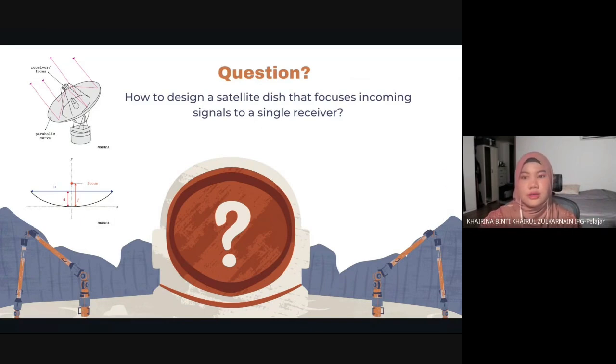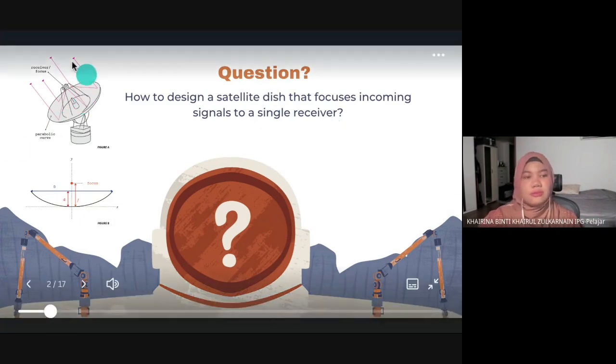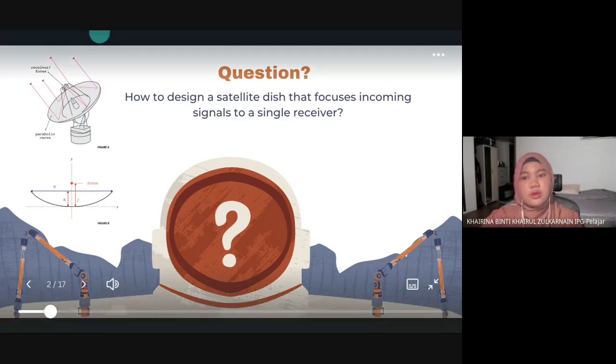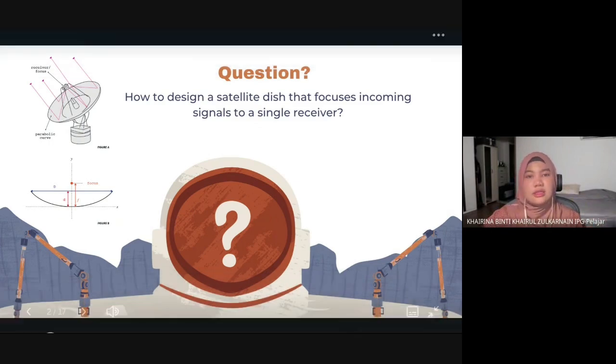Let's define the problem. As we can see here, here's a satellite, one of the examples. A satellite dish's job is to receive signals, typically radio or microwave, that travel as parallel rays from satellites in space. To collect this signal efficiently, the dish must reflect them toward a central receiver or sensor.